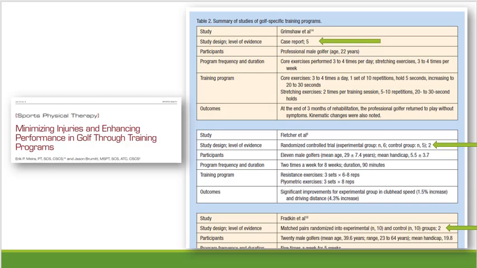And so where the arrows are illustrated there, this was part of what they desired, was the study design and the level of evidence. And so you can see there where we highlighted case report and then randomized controlled trials and gave scores of either a 2 or a 5.